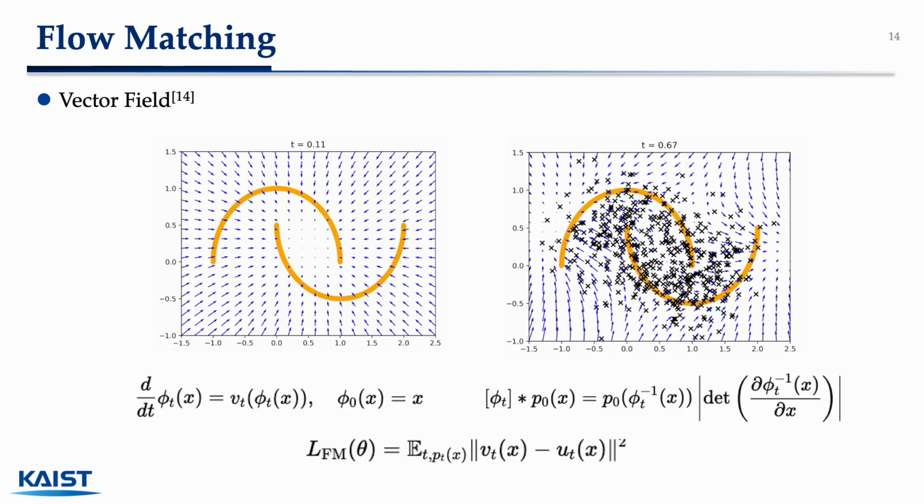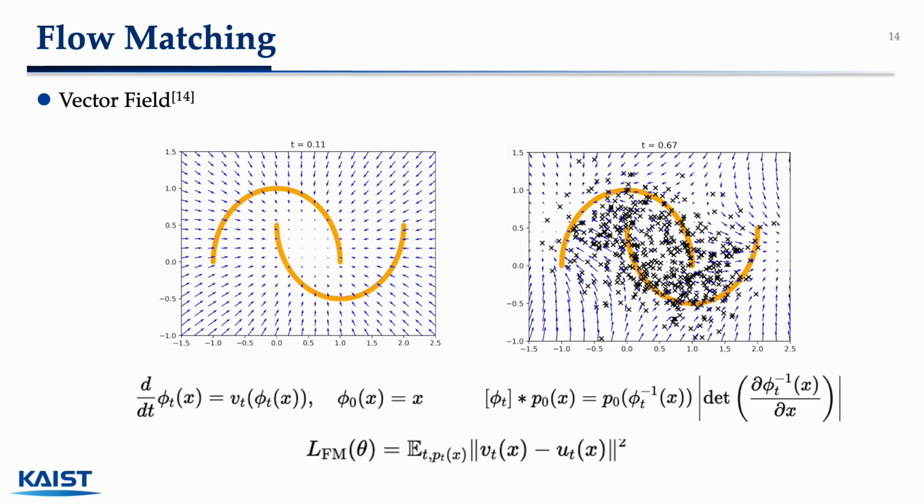In flow matching, the goal is to learn a vector field that continuously moves samples from the source to the target distribution. This movement over time is described by an ordinary differential equation, where the flow φ_t(x) follows the velocity field v_t(x).